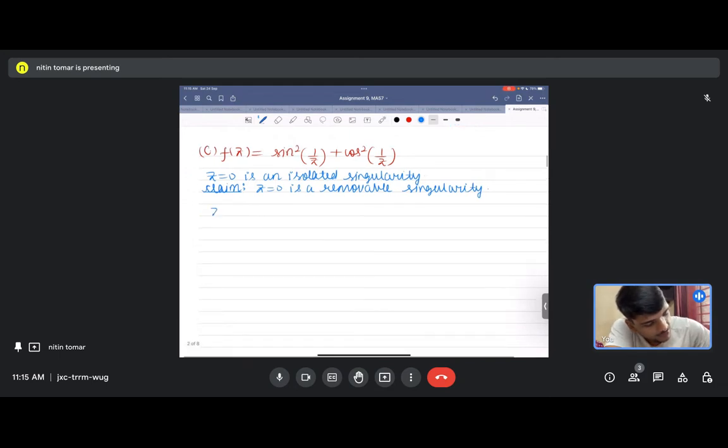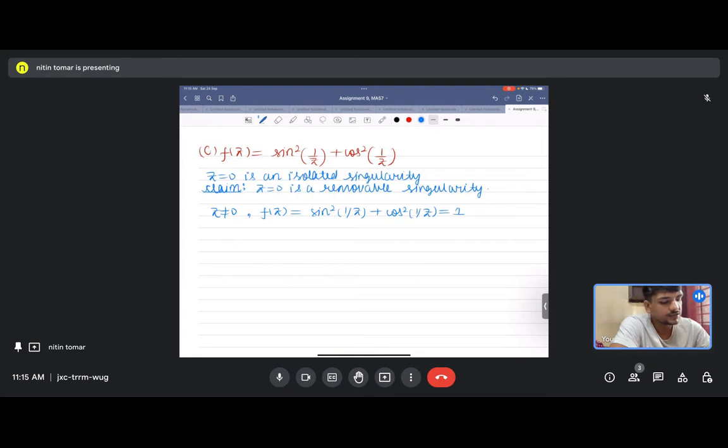So if z is not equal to 0, what is the value of f(z)? This we have seen in the previous class. Sin square w plus cos square w is always 1. This is always 1, for z not equal to 0.